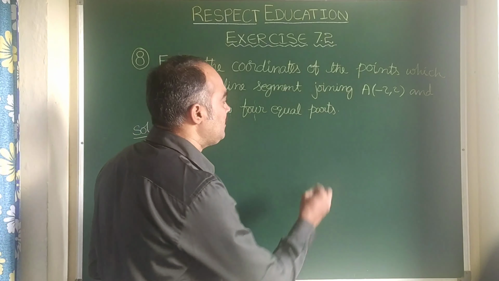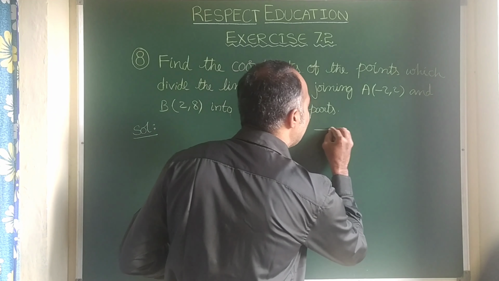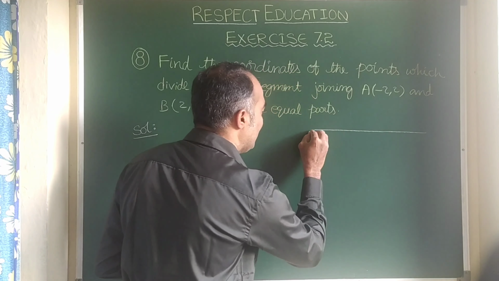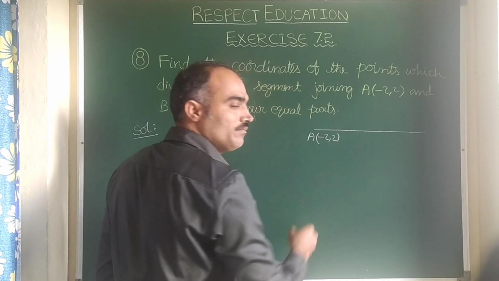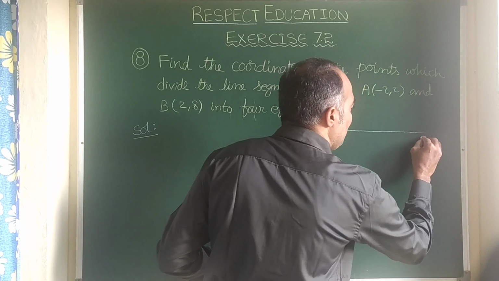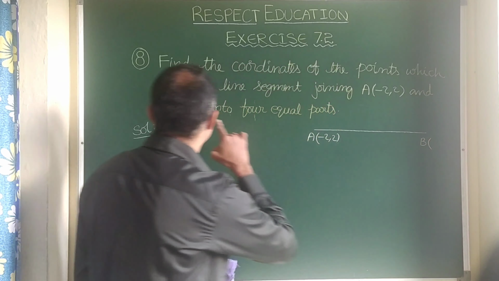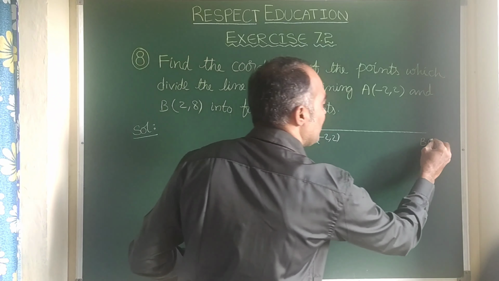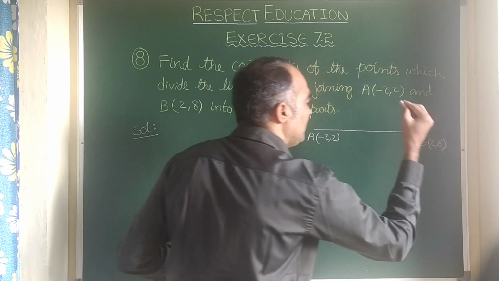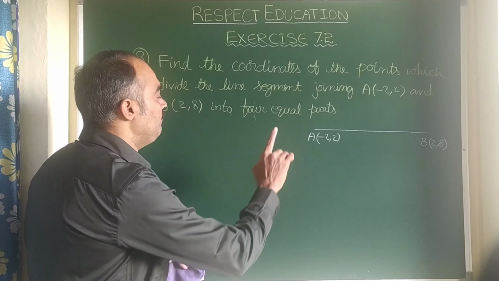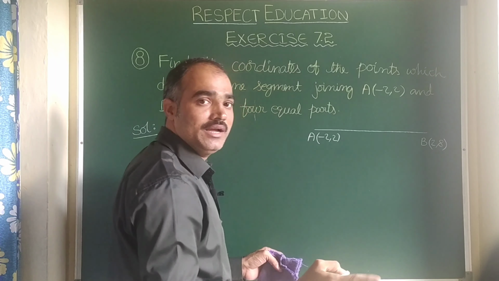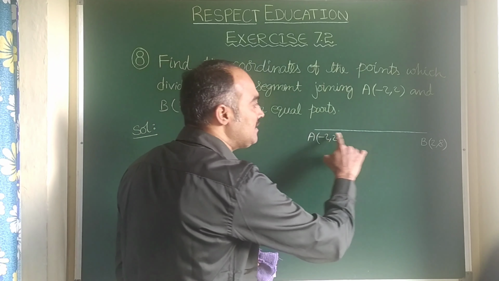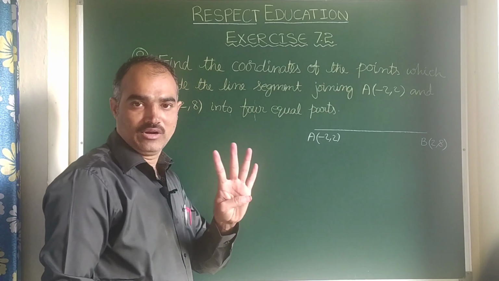Here line segment AB is given, A is minus 2 comma 2 and B is 2 comma 8. We need to find the points which divide this line segment into 4 equal parts.